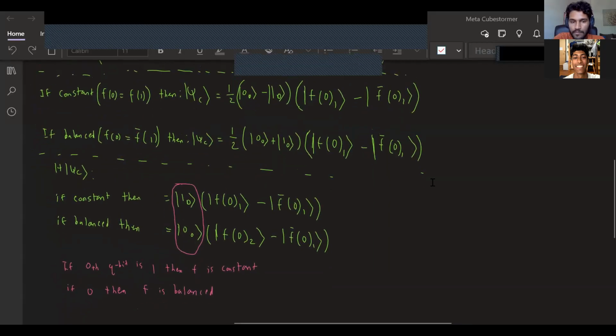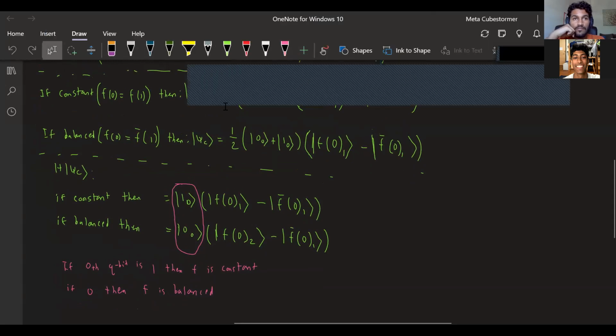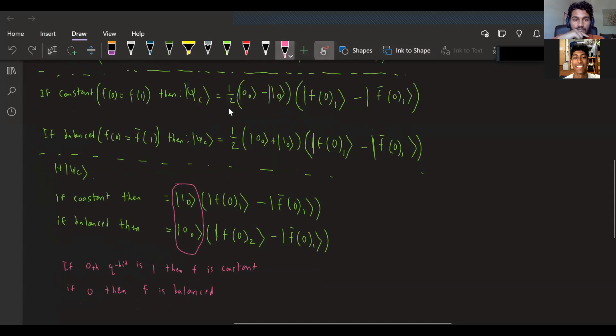Basically, if we take this, and we're applying a Hadamard on the 0th index qubit, this side stays the same because this is the first qubit.